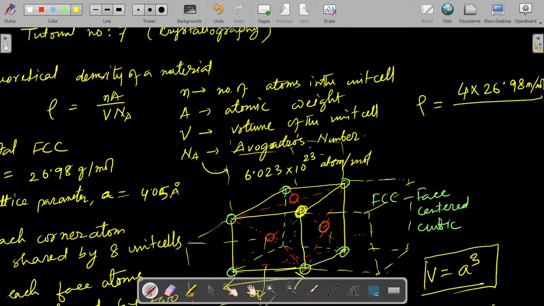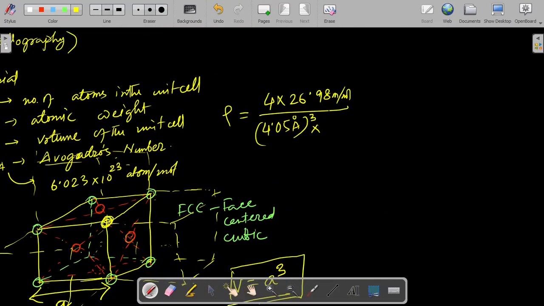How much is a? 4.05 angstrom, cubed. And then N_A, which is 6.023 times 10 to the power 23, the number of atoms per mole.